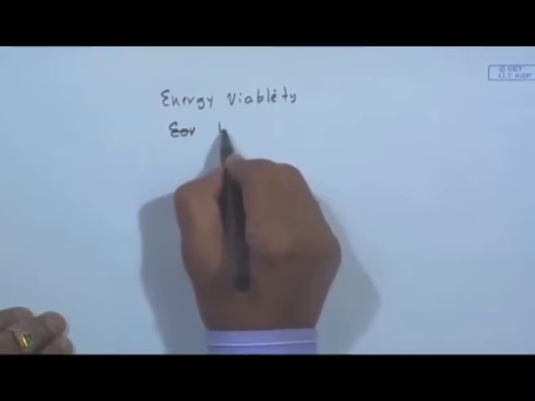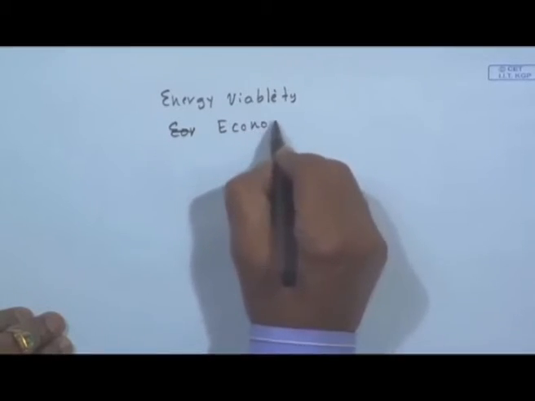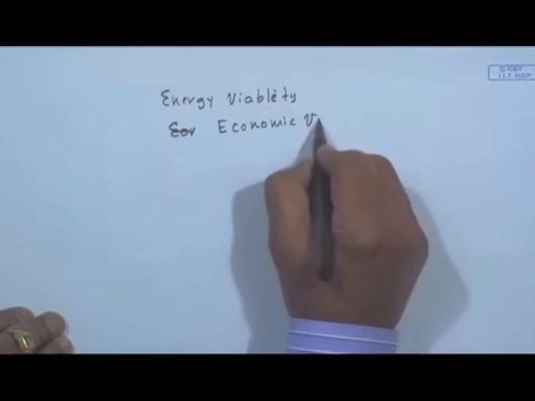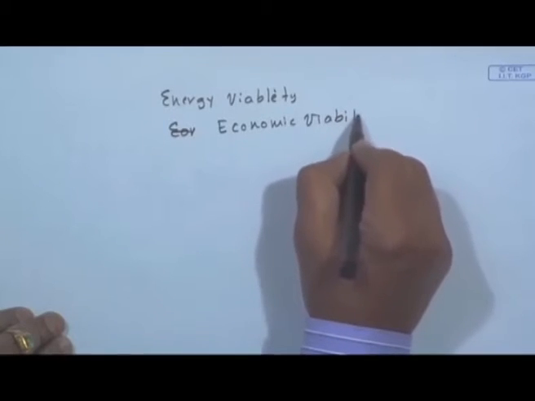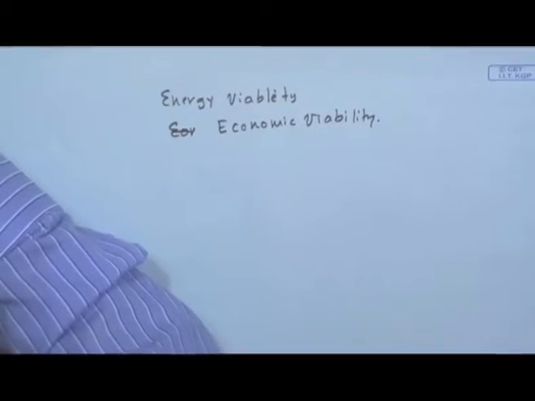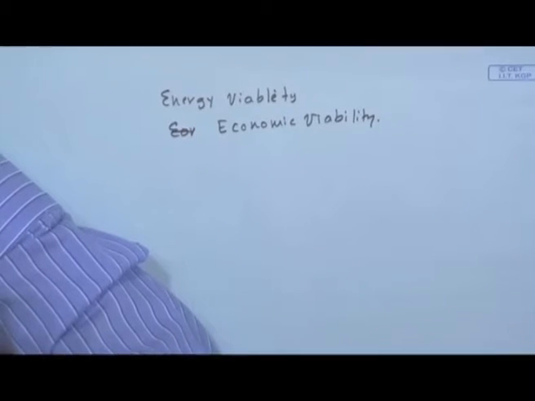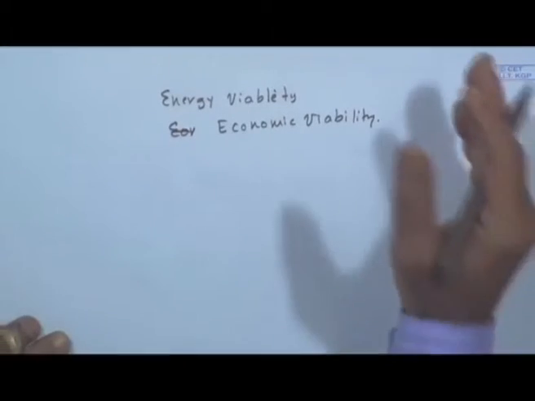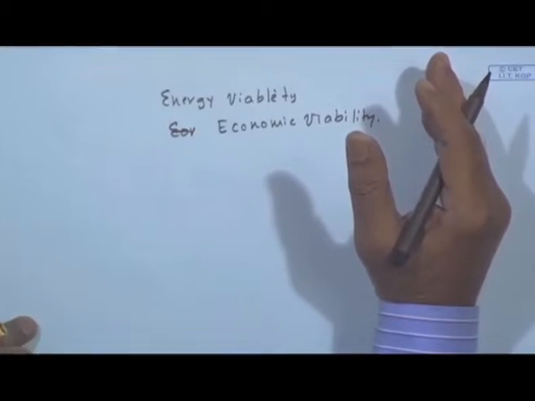Next is the economic viability. There are several indicators like payback period. If the investment is something like 10,000 rupees and you are going to save 2,000 rupees per year, then the payback period may be 5 years.